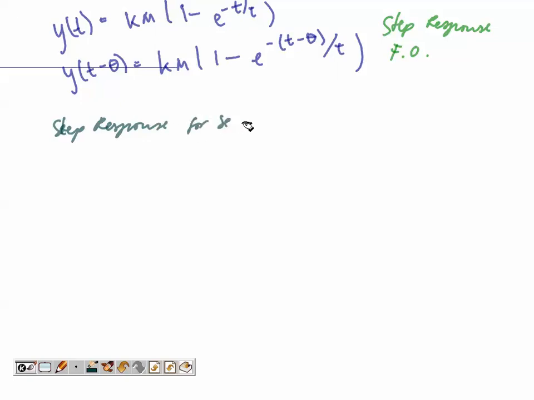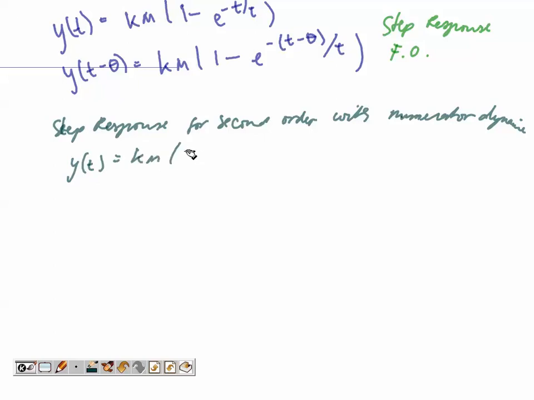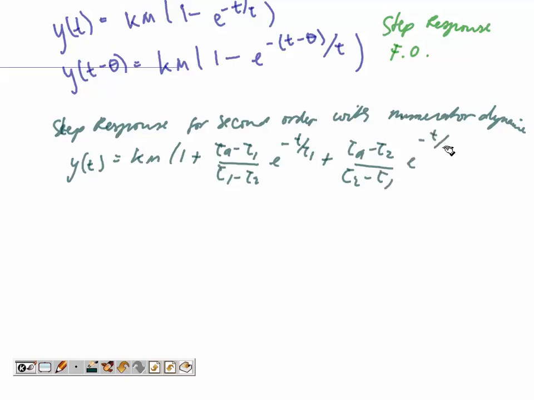Y(t) is Km(1 plus (tau_a minus tau_1)/(tau_1 minus tau_2) e^(-t/tau_1) plus (tau_a minus tau_2)/(tau_2 minus tau_1) e^(-t/tau_2)). This is just an example.